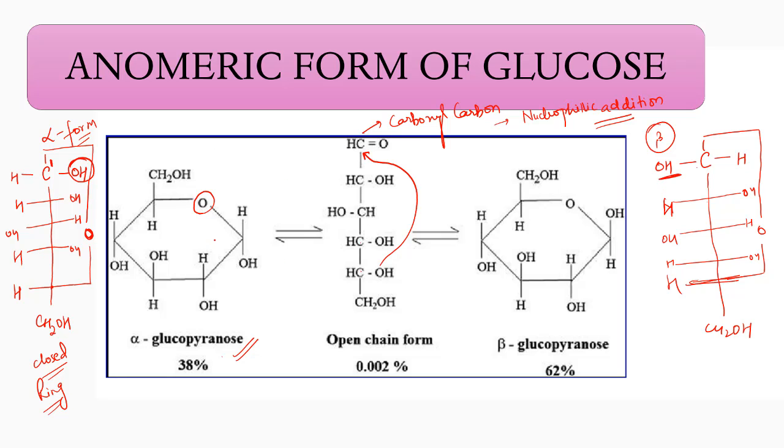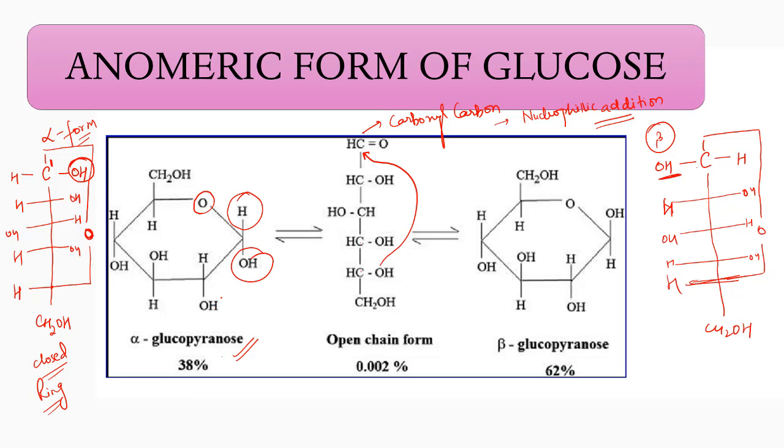Now in the pyranose structure, it is written what? The groups which are attached on the right hand side will be down to the plane, and the groups which are on the left hand side will be above the plane of the paper. Like for example, OH is on the right hand side, then it is below the plane, and H which is on the left hand side is above the plane.